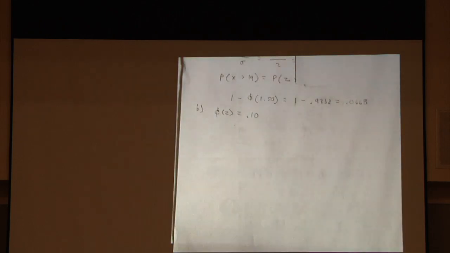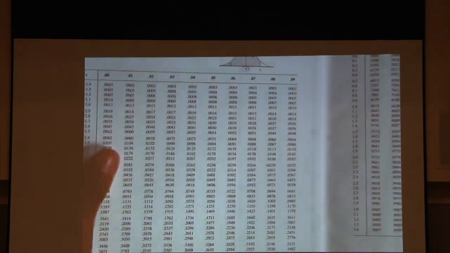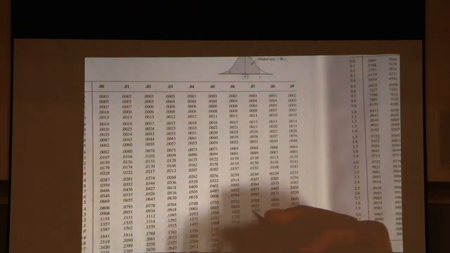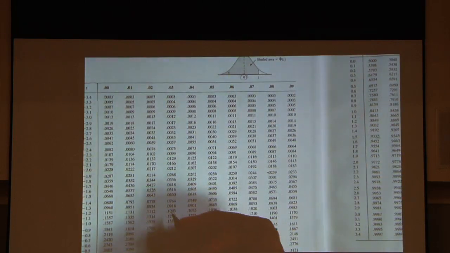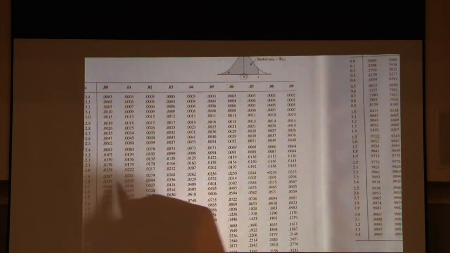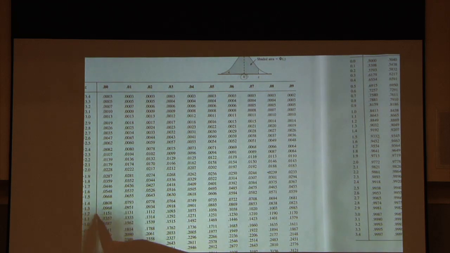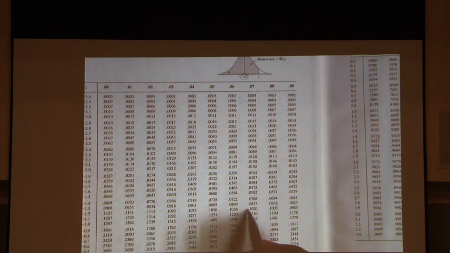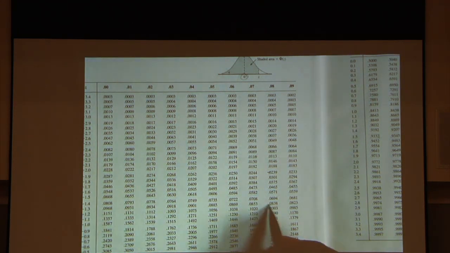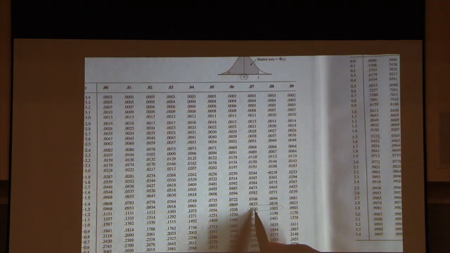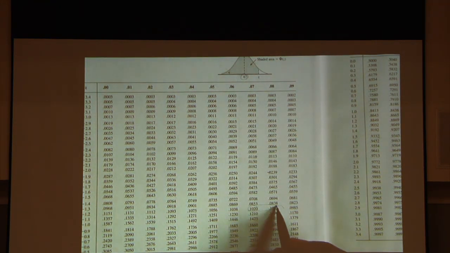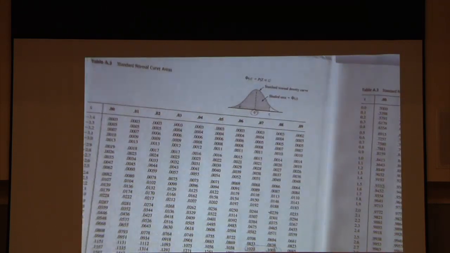For this case, let's look. 10% is about negative 1.28. Somebody could pick 1.27 or 1.28. I chose 1.28, but either way, it's about the same.